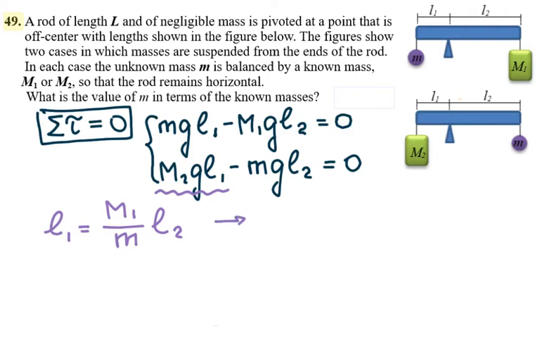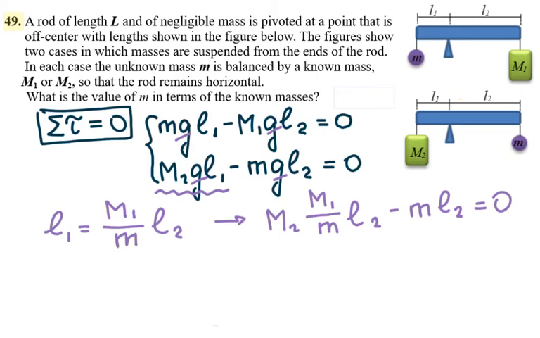So I'm going to have m2, and in this case you see every single one of them has g. I can cancel these g's. So I have m2 times L1, which is m1 over m times L2, minus m L2 is equal to 0. Do you see I can move my m L2 to the other side of the equation? So instead of saying equals 0, I'm just going to move my m L2 to the other side, and multiply both sides by m and divide both sides by L2.